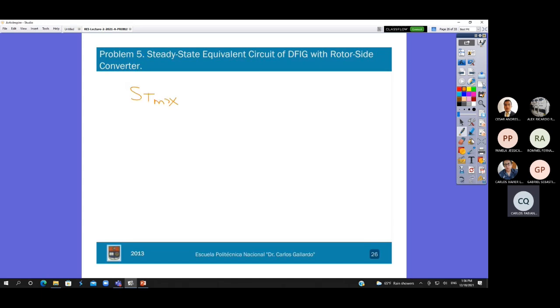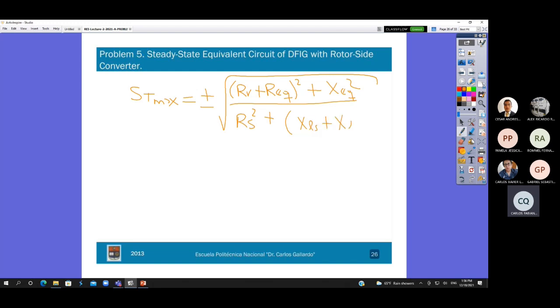We have already derived this equation: it is equal to plus minus the rotor resistance plus the equivalent resistance, squared, plus the equivalent reactance, squared, over the stator resistance squared plus the stator leakage reactance plus the rotor leakage reactance, squared.